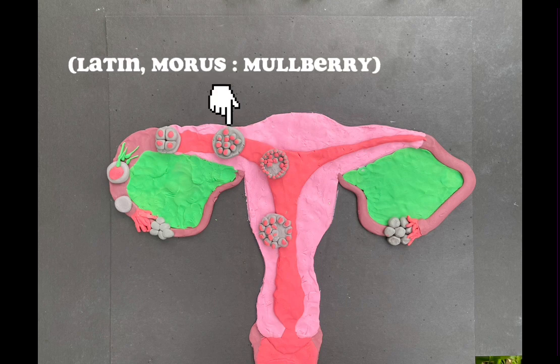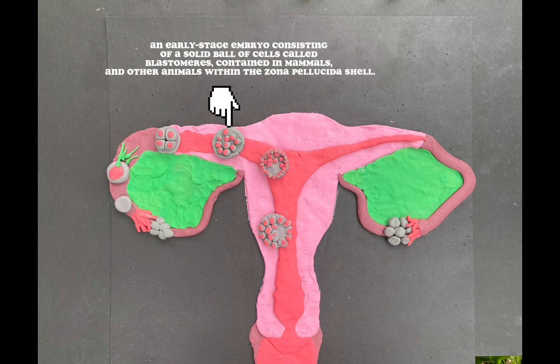Morula is from the Latin morus, or what we call a mulberry. A morula is an early stage embryo consisting of a solid ball of cells called blastomeres, contained in mammals and other animals within the zona pellucida.